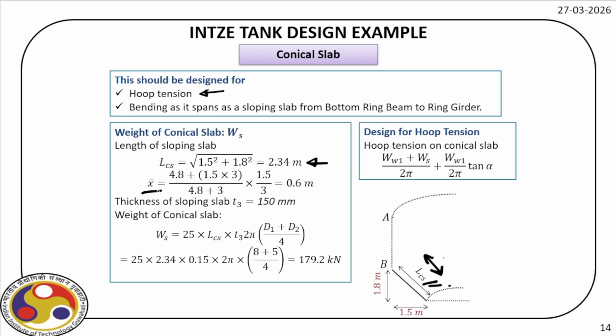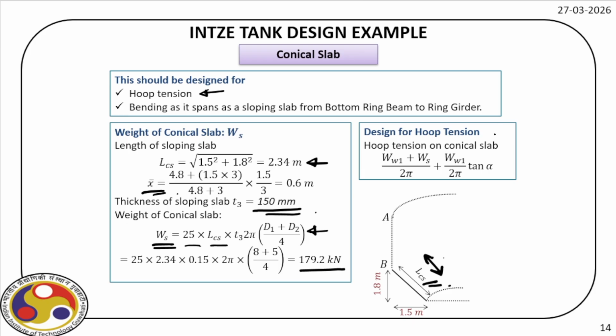Then this is the location of the CG. Now, thickness of the sloping slab, again let us provide 150 millimeter. So weight of the conical slab we can find out from this expression, and if you put all these values, we know all these components, we will get 179.2 kilonewton.